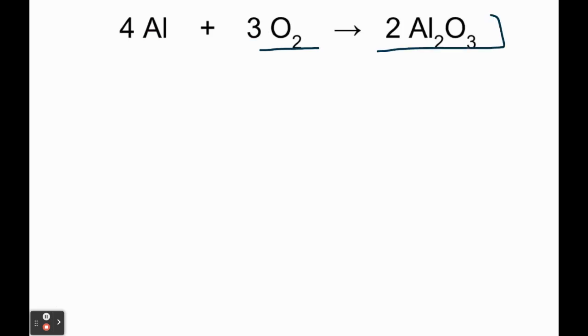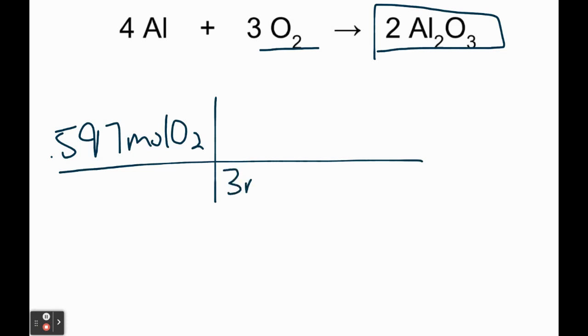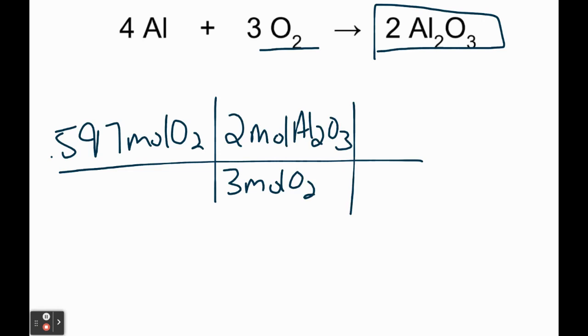So now moles of O2 is what we have, and the problem is asking us for how many grams of Al2O3. So we're going to start with that 0.597 moles of O2 and use the mole ratio. We have 3 moles of O2 to every 2 moles of Al2O3. So moles of O2 cancels out, and we want to go from moles of Al2O3 to grams of Al2O3.